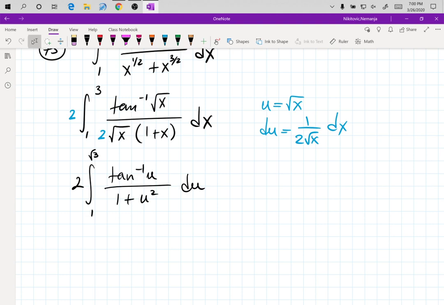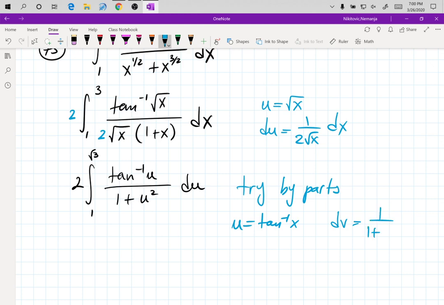So try by parts. u equals tangent inverse x, and dv equals 1 over 1 plus u squared du. Well, I can't use u and v because I already have u in the problem. Let's use g and v.